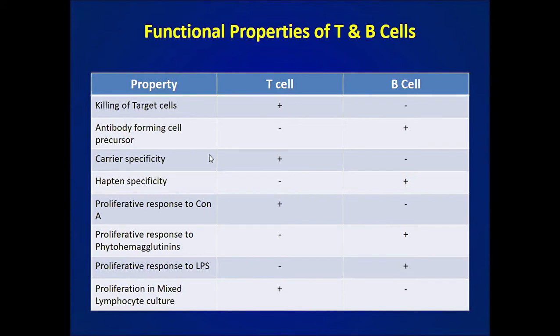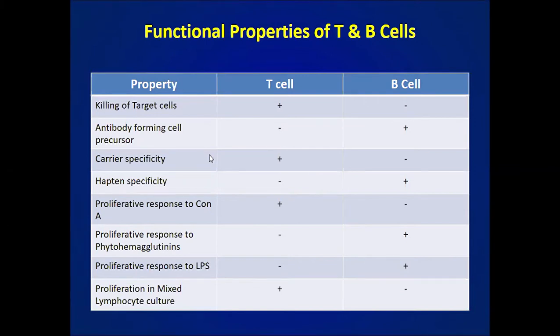So the one that is responsible in killing target cells, of course, we have the T killer cells. So as to the carrier specificity, it is related more on T cell.